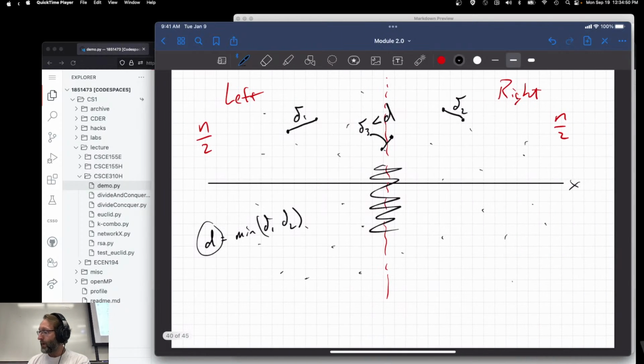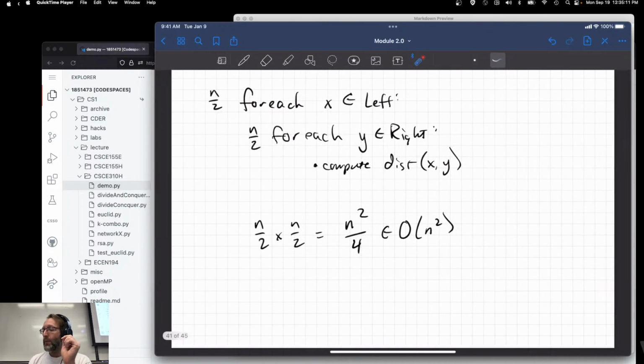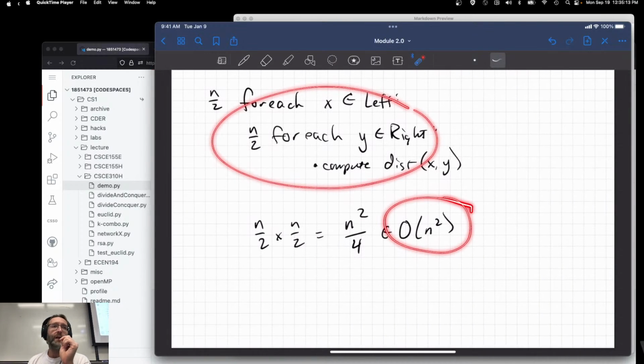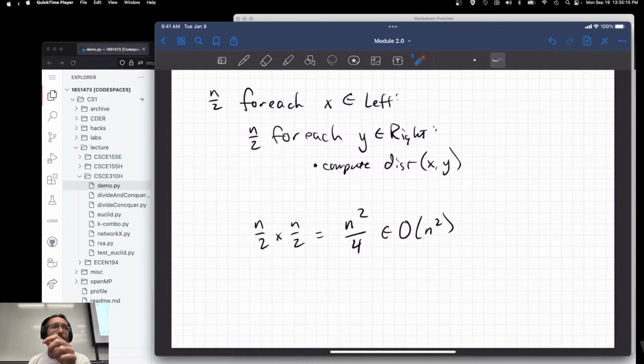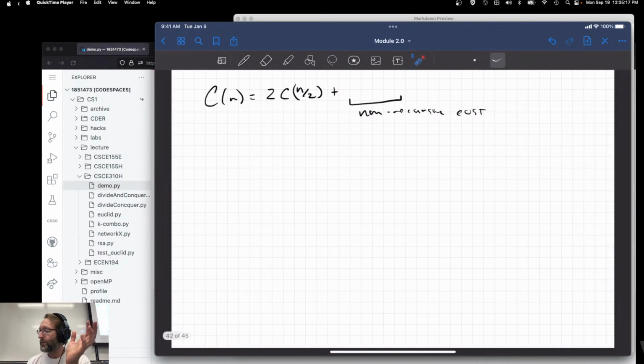Now, of course, if we just restricted to these 2 points, making a minimum between those, then the non-recursive cost is going to be 1, right? Because we only have these two pairs of points, this distance, and all we have to do is take the minimum. But that's not the case. Remember, there could be things that go over this line, meaning that we end up having to do this, giving us an order n squared algorithm for the non-recursive cost.